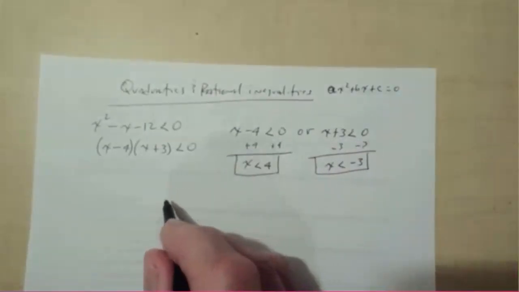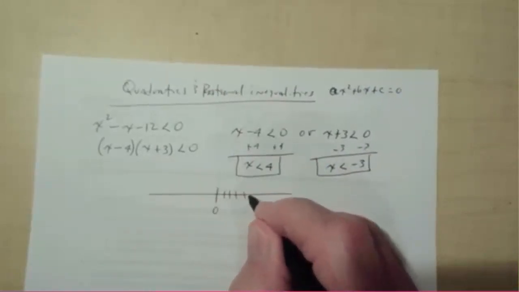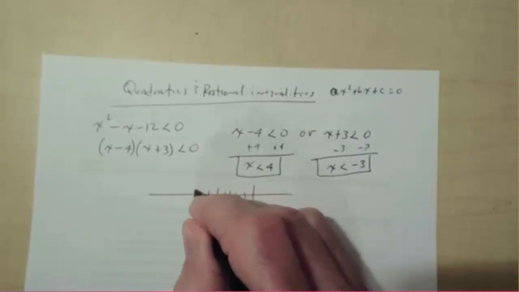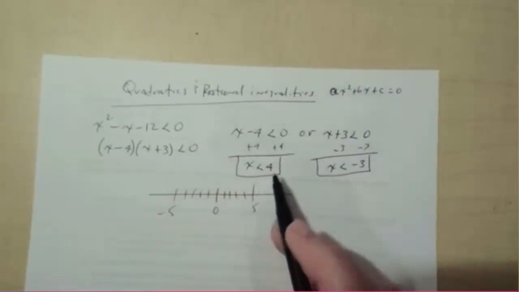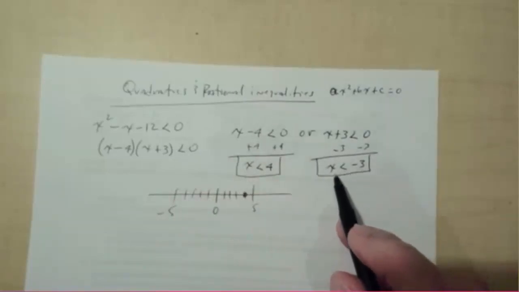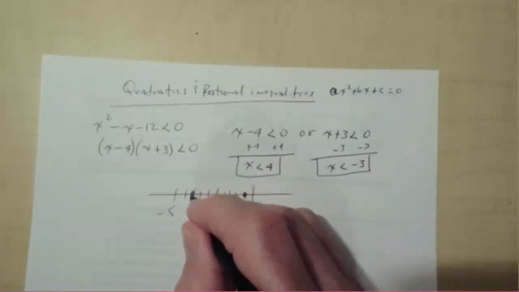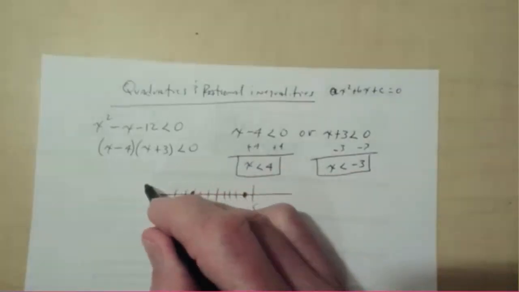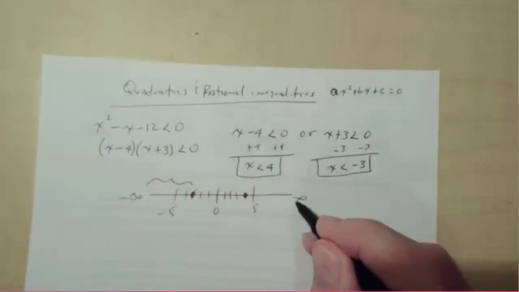Okay, so the easiest way of doing this, I think, is graph it. 1, 2, 3, 4, 5, and negative 1, 2, 3, 4, 5. X is less than 4, that's here. And x is less than negative 3. Now we have 3 areas, from negative infinity to positive infinity.